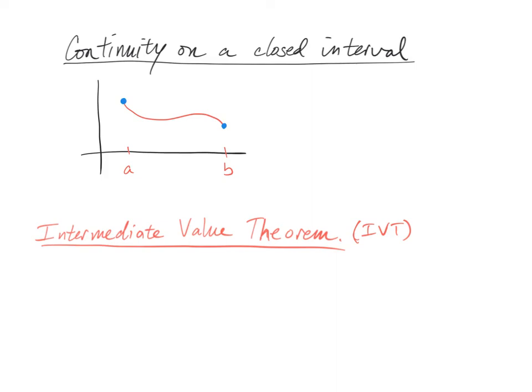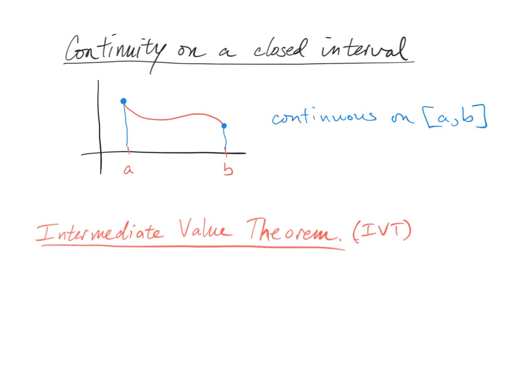So there are no holes in this graph going left to right. And we say that this graph represents a function that is continuous on the closed interval a to b.